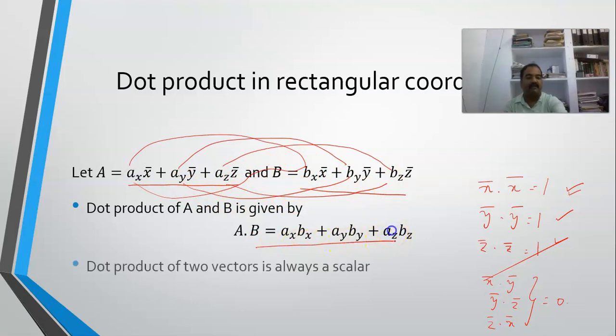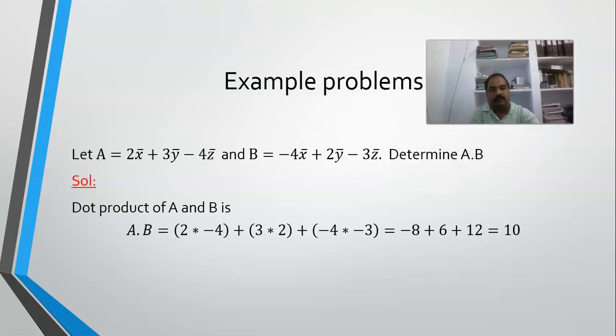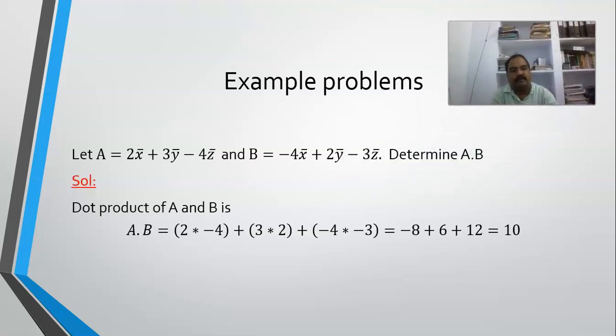Now we'll do some small problems on this. Remember that the dot product of two vectors is always a scalar quantity. Let's have a look at a few example problems of how to compute the dot product. We'll take two vectors. One is the A vector with coordinates 2, 3 and minus 4.